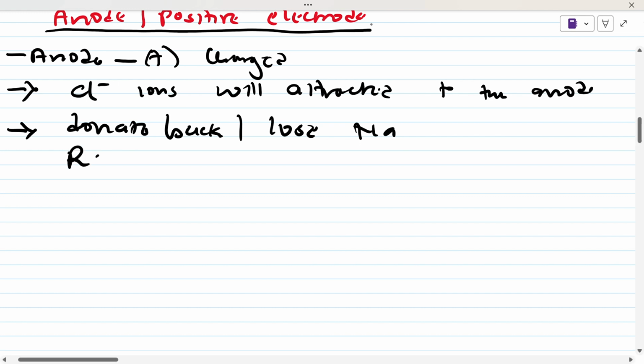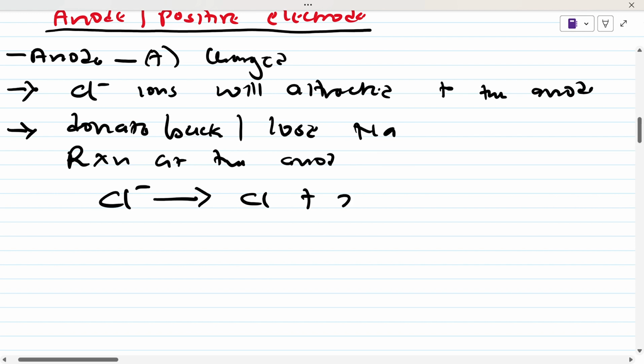Now the reaction at the anode will be chloride ion needs to form chlorine by donating an electron. That is the reaction that is happening.